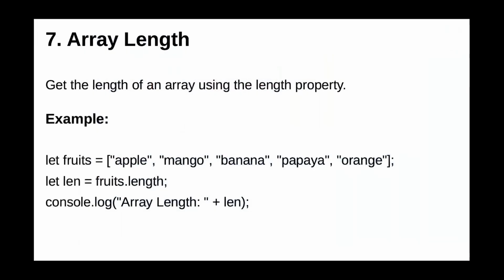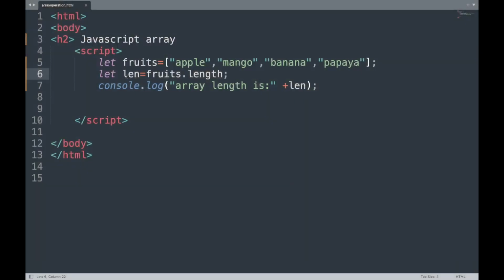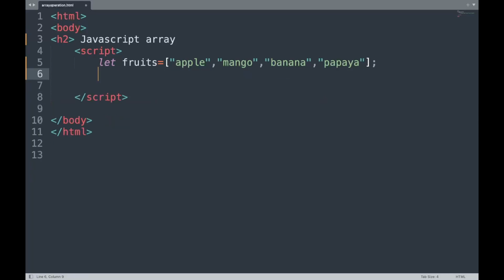So the next is increase and decrease the array length. We can increase and decrease the array length using the JavaScript length property. So this is the example. We can take one example of this. First we change this code. First we increase the array length to 7.